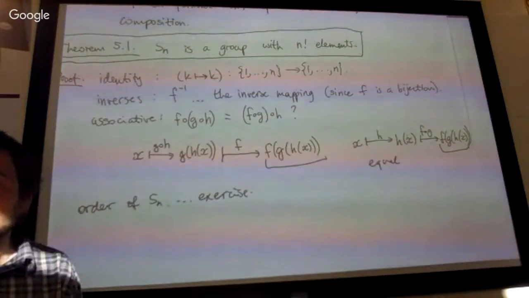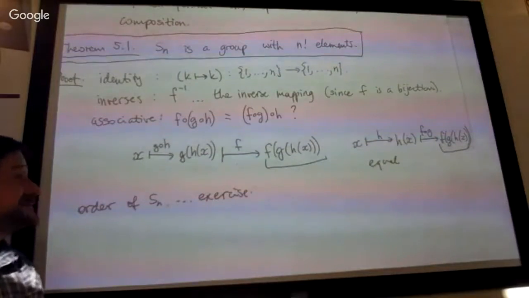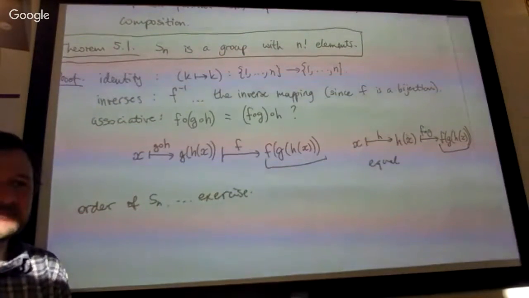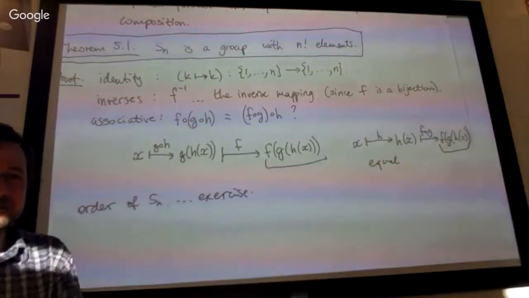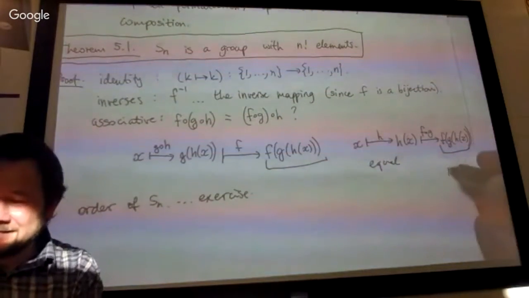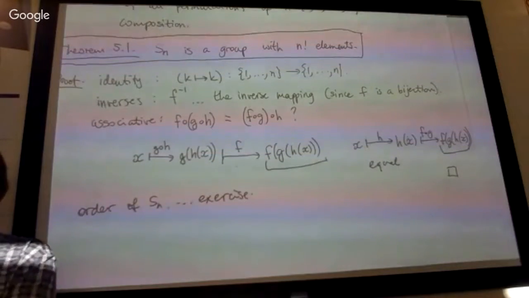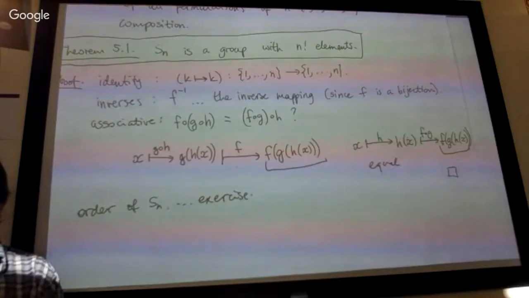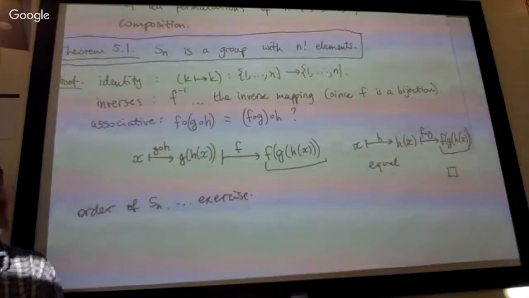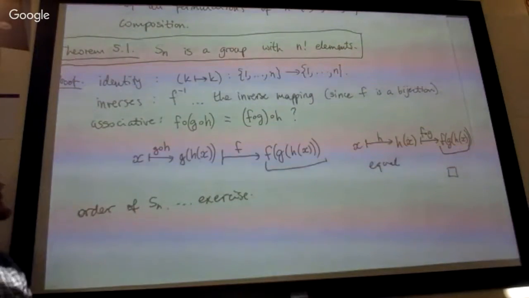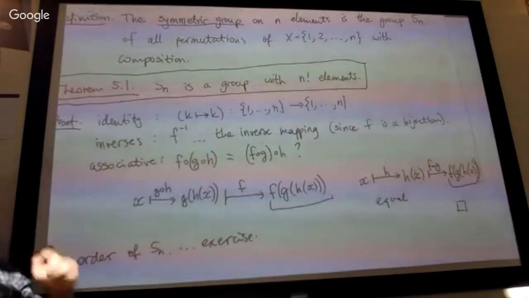As a hint, you can prove it by induction, but everything that has some N in it already smells of induction. So it is indeed a group. And it's called the symmetric group.